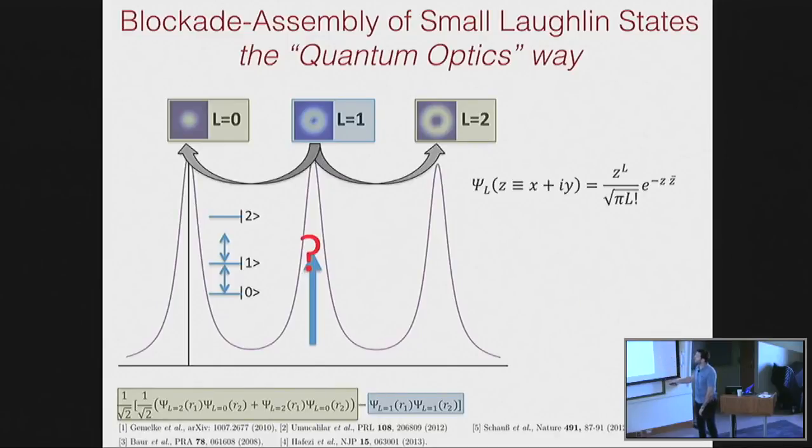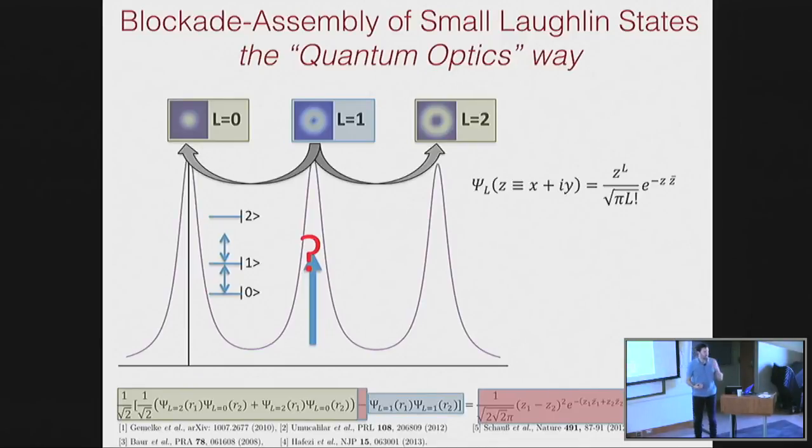And it turns out that a particular superposition of those two states has no interaction energy, and that's called a bosonic Laughlin state. Okay? And so I can inject two photons into this L equals 1 mode before I get a blockade, and what will come out the other side is a photonic Laughlin state. If I inject on L equals 2, I'll be able to inject up to 3 photons before I get a blockade and so forth.